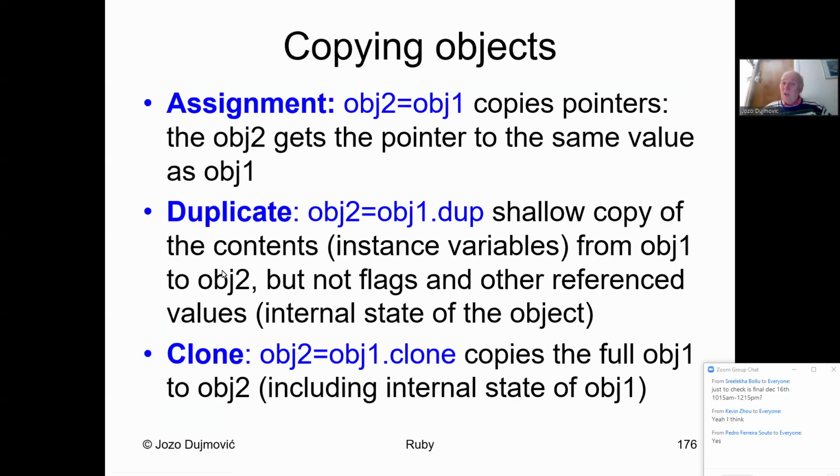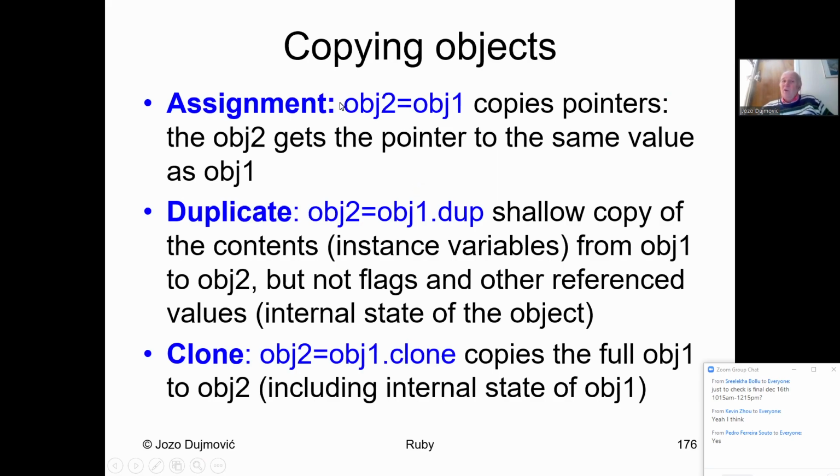Duplicate, as opposed to that, is a shallow copy of instance variables. You create an object with instance variables, but the object does not have the internal state of the object. This is not flags, and referenced values inside are not included.